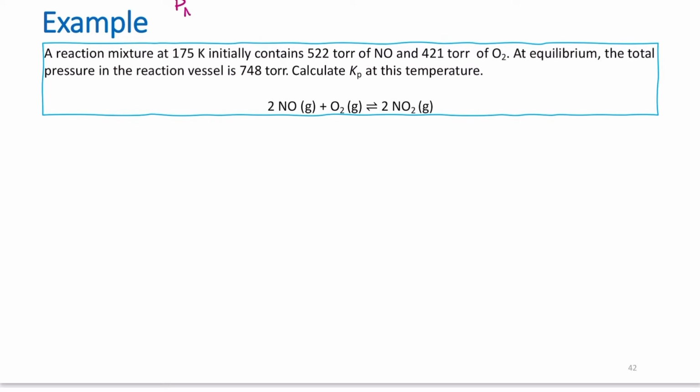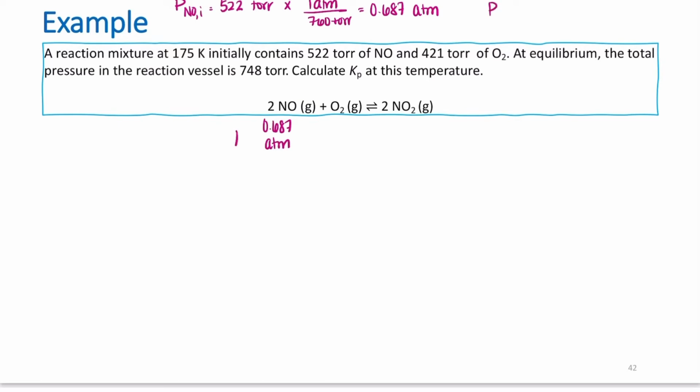So the pressure of NO initially was 522 torr. Convert that to atmospheres, and that gives me 0.687 atm. That is my initial pressure.